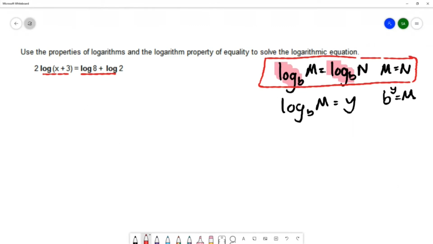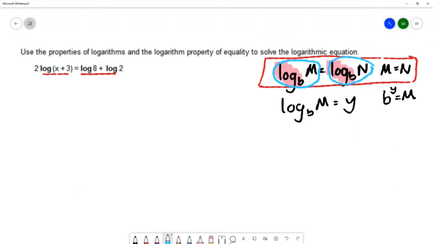But before I can use that property, I need to have the log isolated on one side of the equation, meaning there shouldn't be anything multiplied or added onto the log. So we have some cleaning up to do before we're able to implement this property.